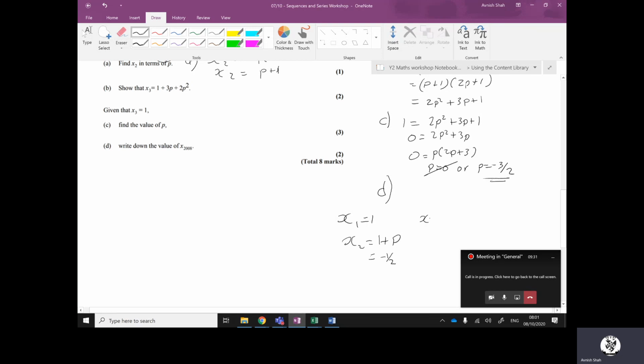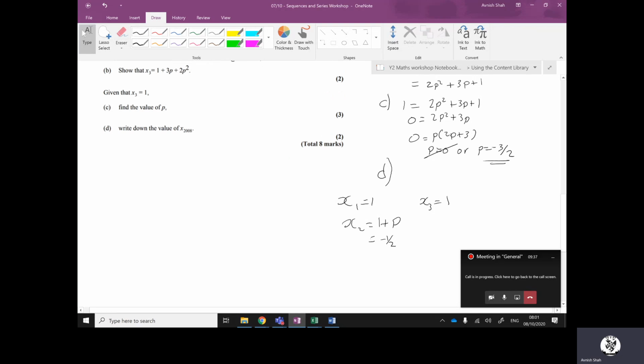We were then also told that x3 was 1. Well, if x3 is 1, and we sub 1 into the iterative equation, then x4 is going to be minus a half. That means x5 is going to be 1, and x6 is going to be minus a half.